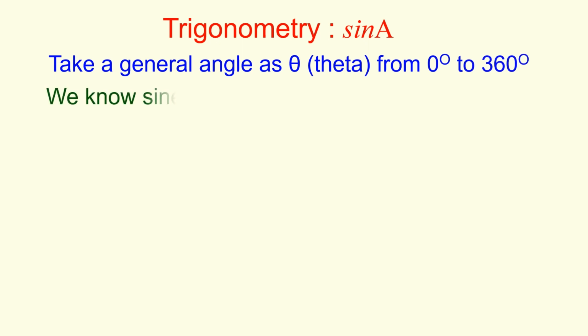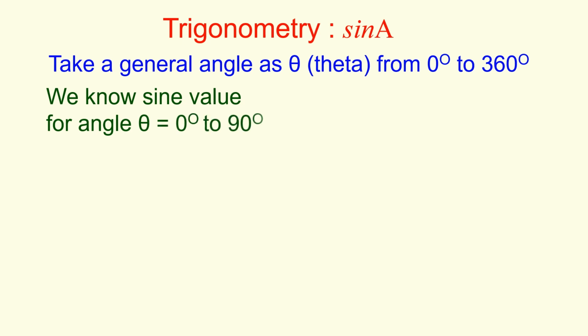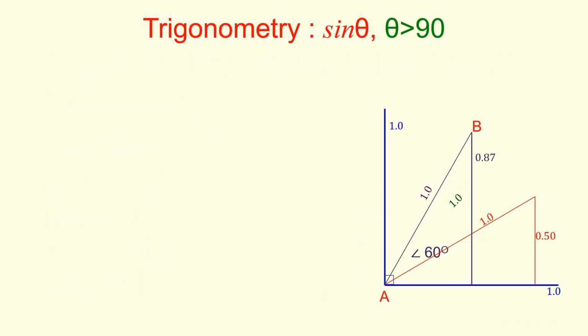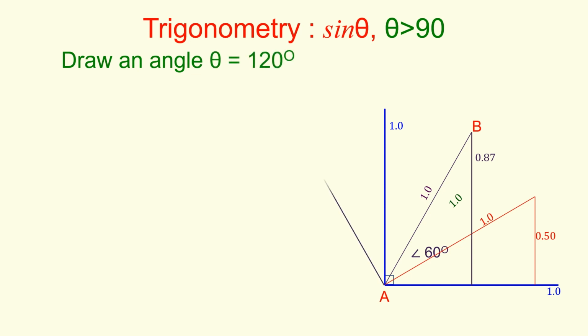Take a general angle as theta from 0 to 360 degrees. We know sine value for angle theta equals 0 to 90 degrees. We start with a value of theta more than 90 degrees. So draw an angle theta equals 120 degrees.